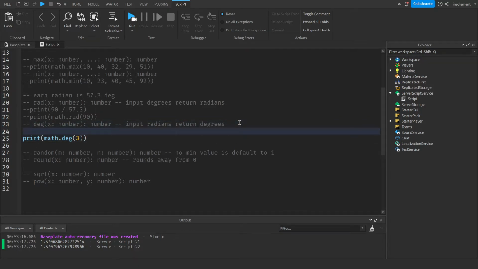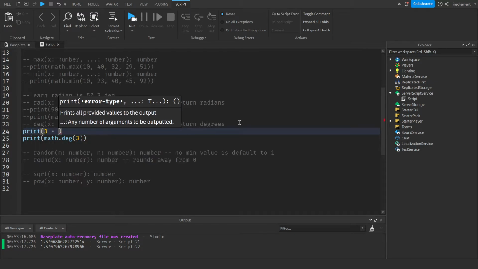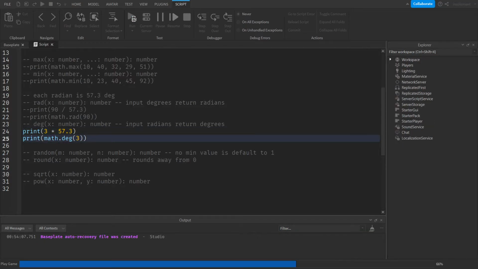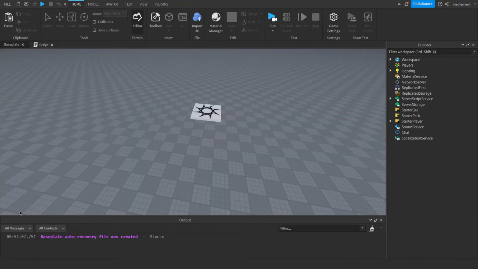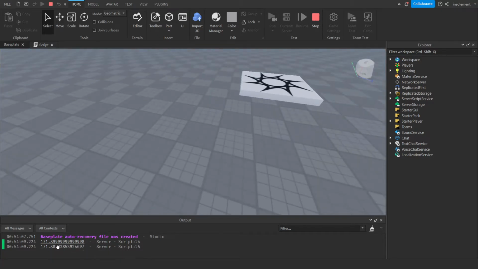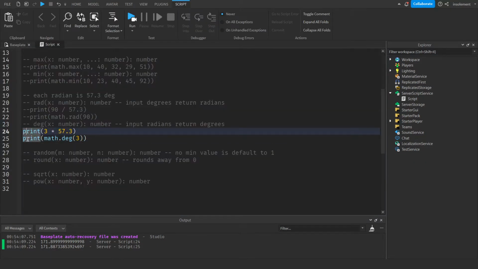Let's do this as an example as well. So 3 times 57.3, and it should be the same. So yeah, these numbers are slightly off, but it really doesn't matter because it comes way after the decimal point. So it's just a slight change. So yeah.